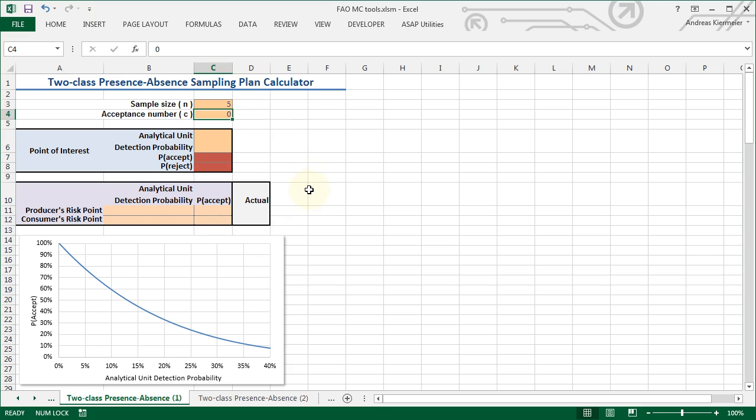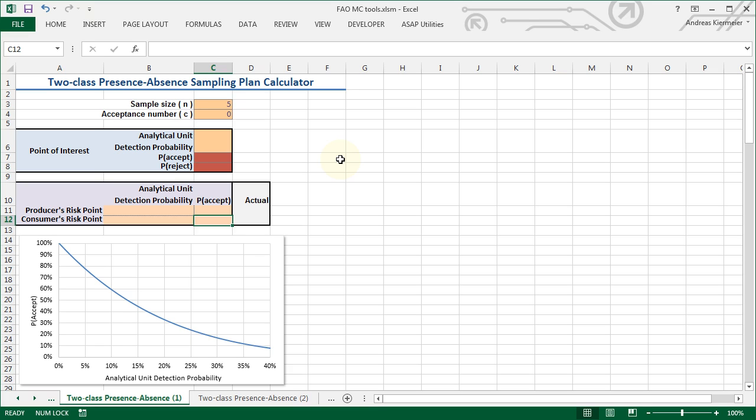Next, we need to specify the consumer's risk point. This is done by providing a worst case detection probability, which is, remember, an estimate for the prevalence or the amount of contamination in the food. We also need to specify the corresponding probability of acceptance, or how frequently we would accept lots that are contaminated at such levels.